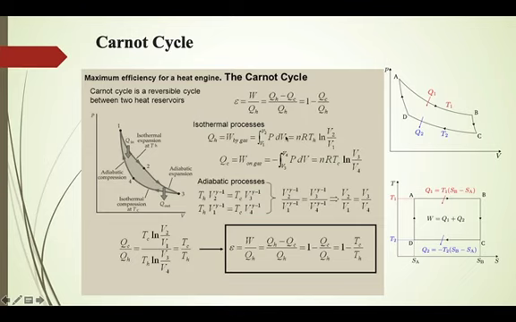Integration has been done, and instead of PV, RT has been substituted, because PV equals mRT for an ideal gas. So nRT ln V2 by V1 is the expression for heat absorbed from the high temperature source.